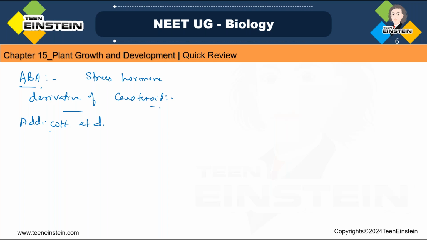Simultaneously Cornforth and Waring isolated a substance which can induce bud dormancy, and they named the substance dormin.